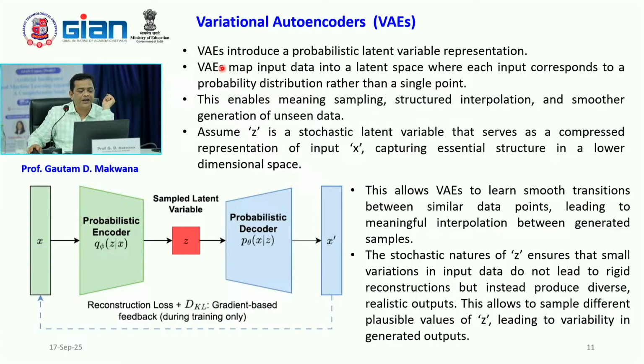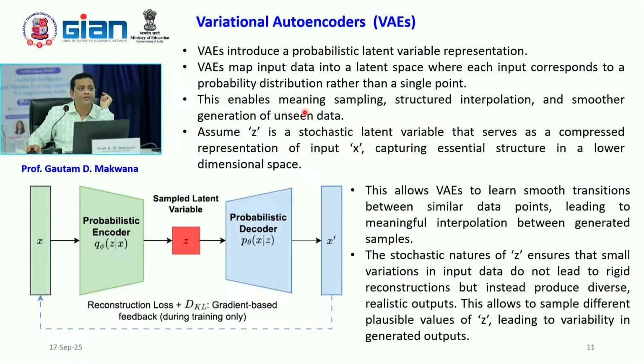So here the VAE introduced a probabilistic latent variable representation. VAE maps input data into the latent space where each input corresponds to a probability distribution rather than a single point. This enables meaningful sampling, structured interpolation, and smoother generation of unseen data.